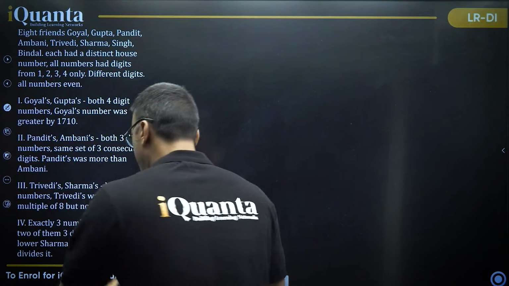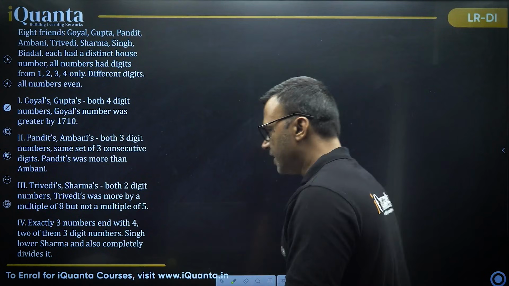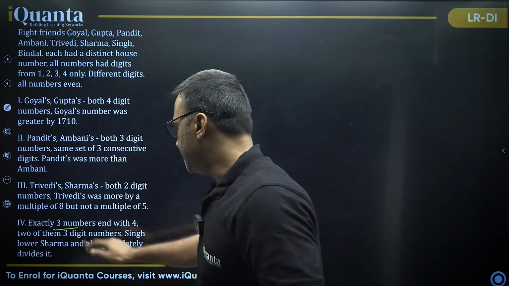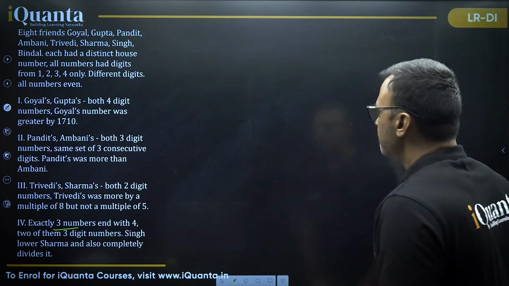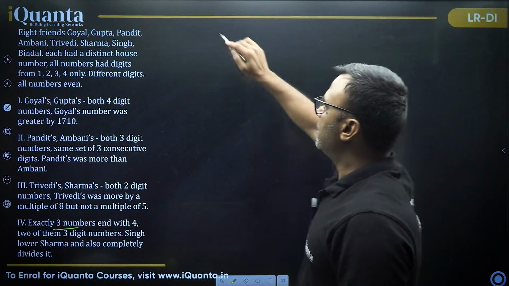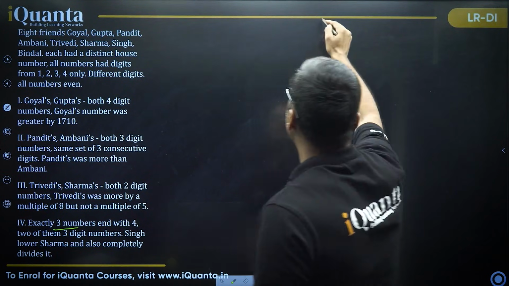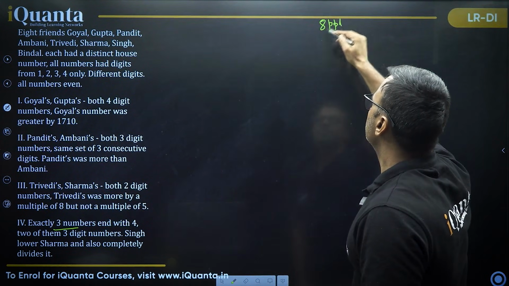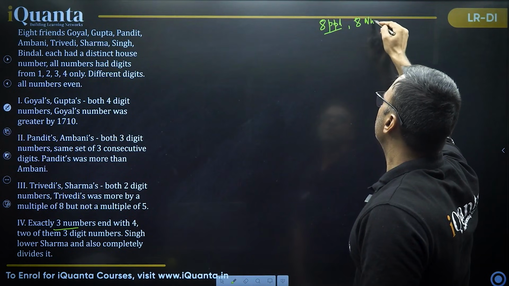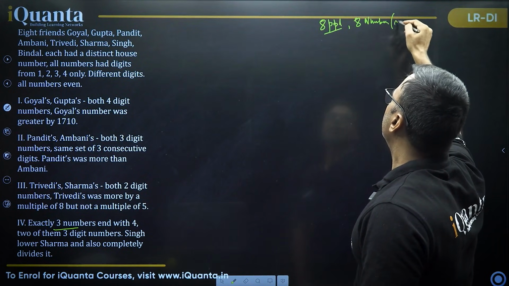So we have entire information here. So I would rather start with this. Exactly 3 numbers end with 4. We want like this, 8 people, 8 numbers, all even.